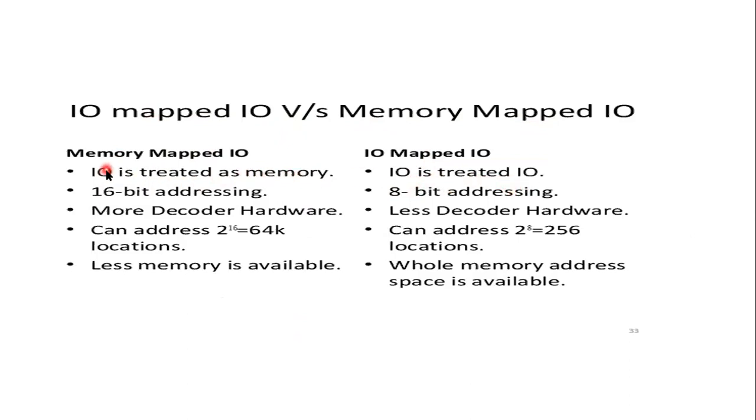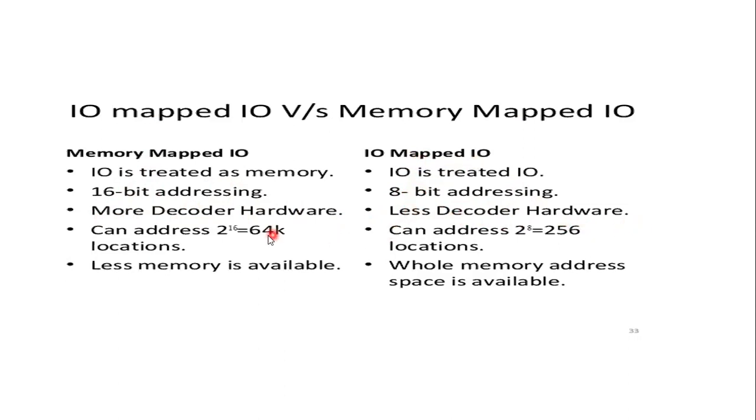Memory mapped I/O uses 16-bit addressing, while I/O mapped I/O uses 8-bit addressing. Memory mapped I/O uses more decoder hardware, whereas I/O mapped I/O uses less.